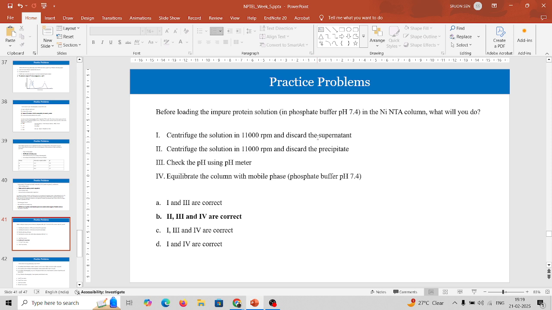Yes, proteins can definitely settle down, but as long as the question tells that the solution is impure, it does not tell that your protein forms an aggregate or comes into the inclusion body. We cannot tell that it goes into the precipitate.